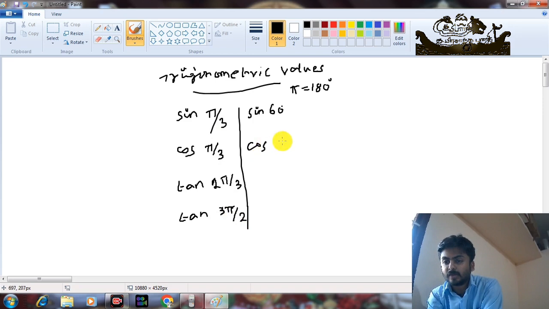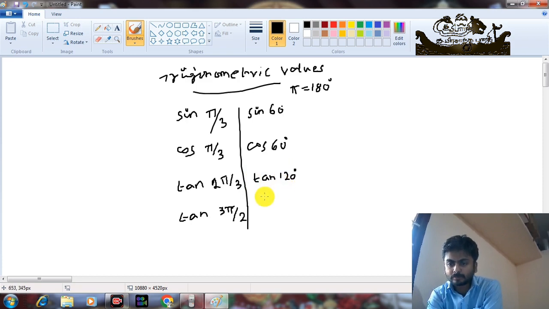So cos, this is also 60 degrees, so cos 60. And it is tan 2 pi by 3. Tan 2 pi by 3 means pi by 3 is 60, 60 into 2 is 120.